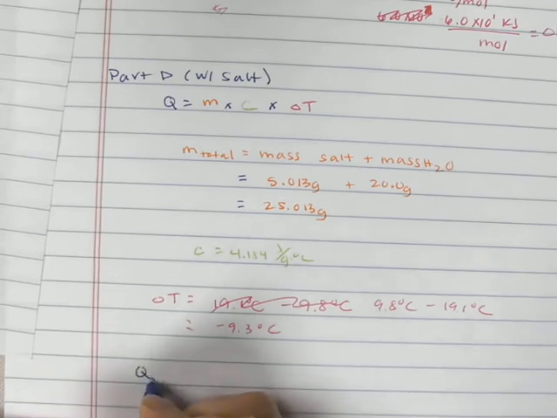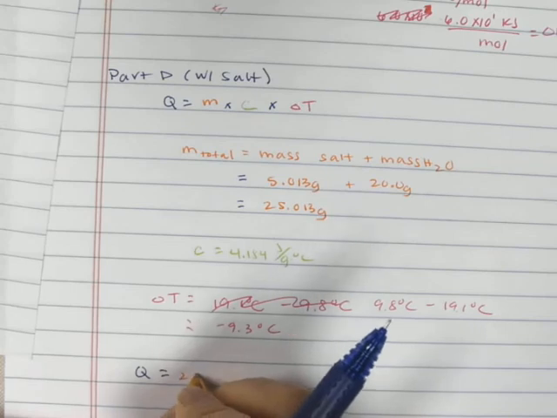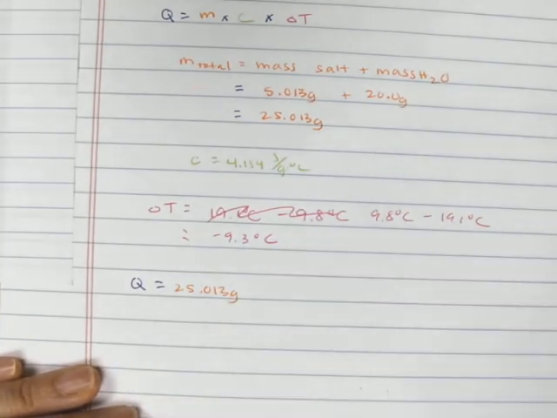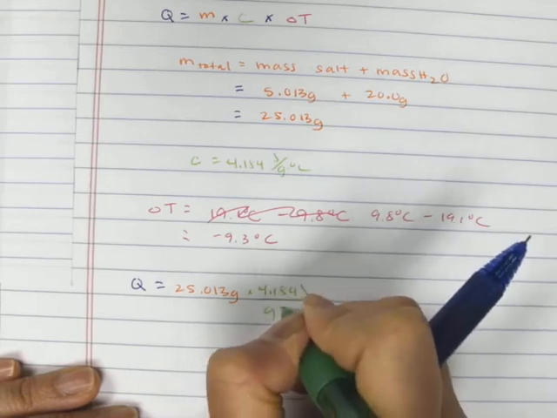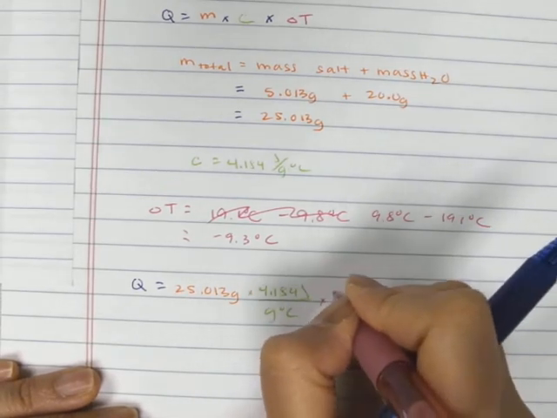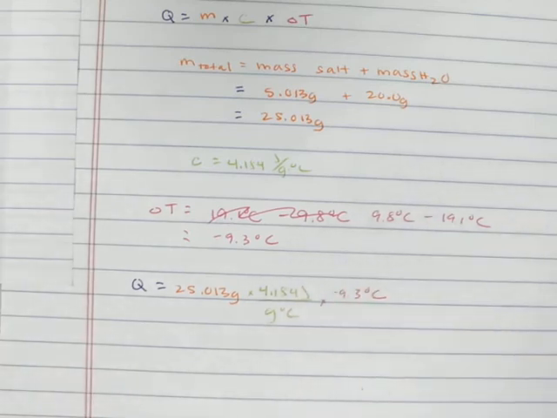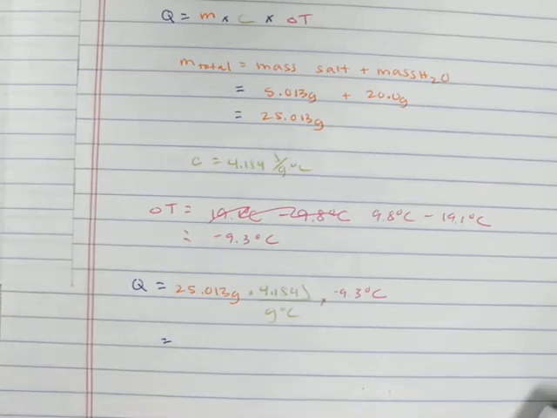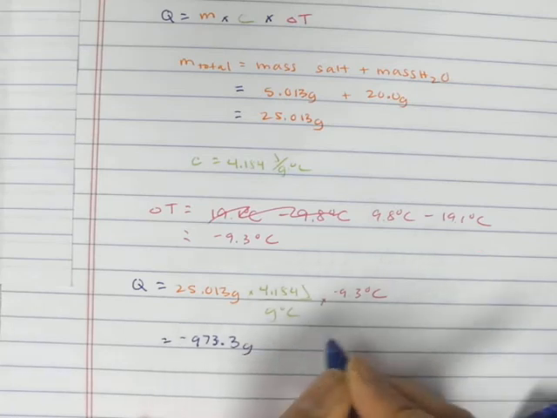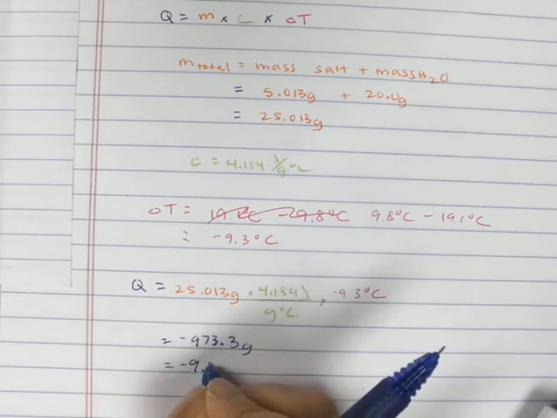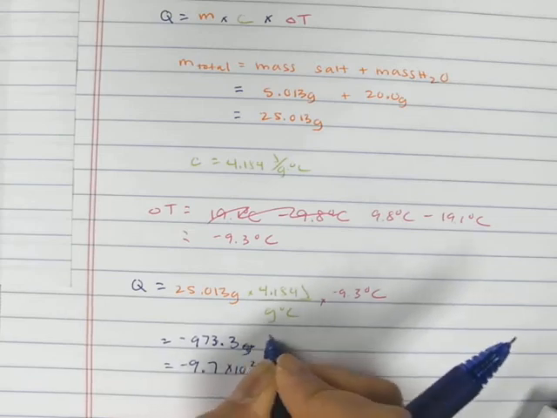All right, so we just plug those back in. We have two significant figures, so this becomes 9.7 times 10 to the second joules.